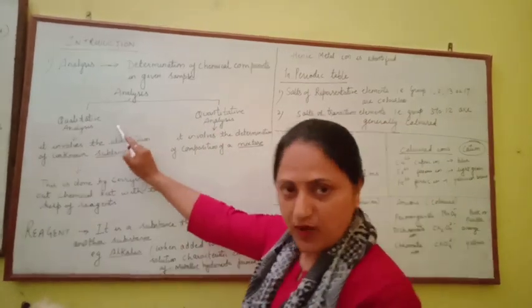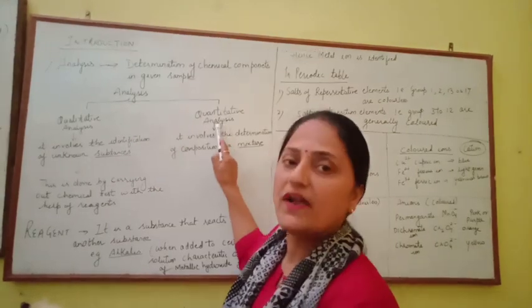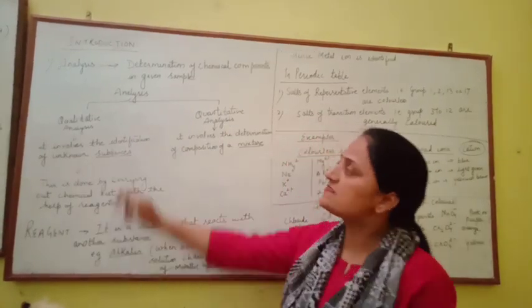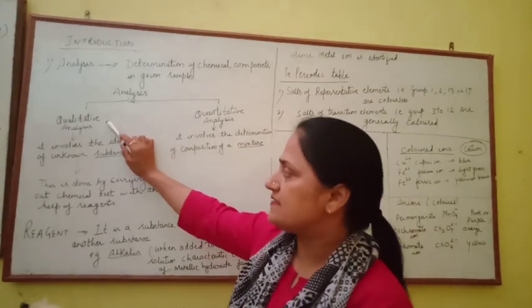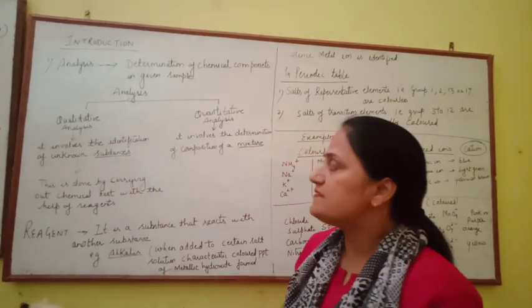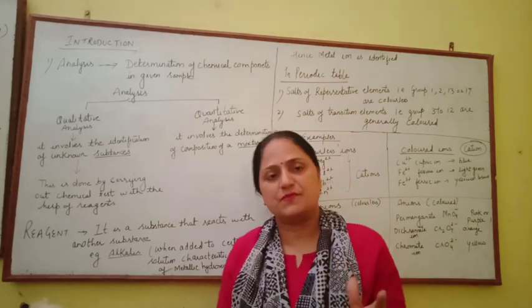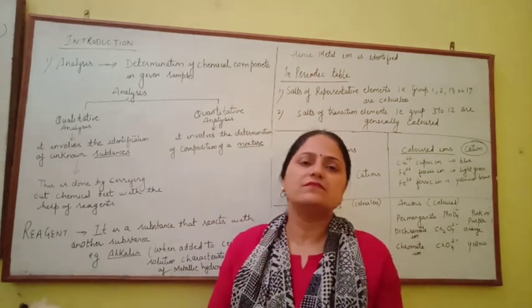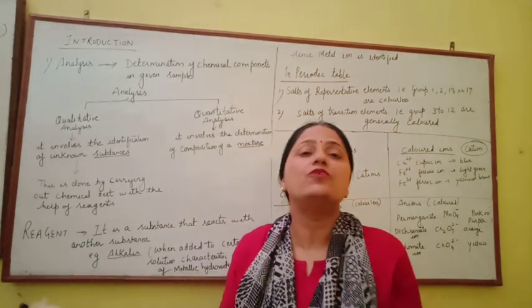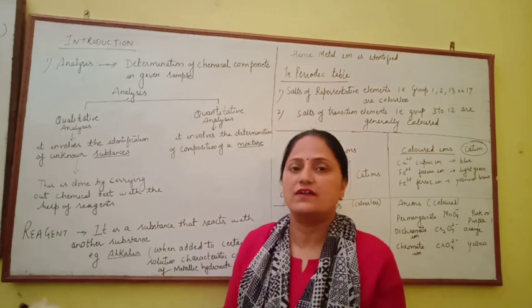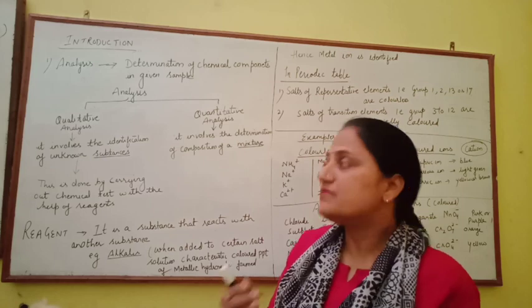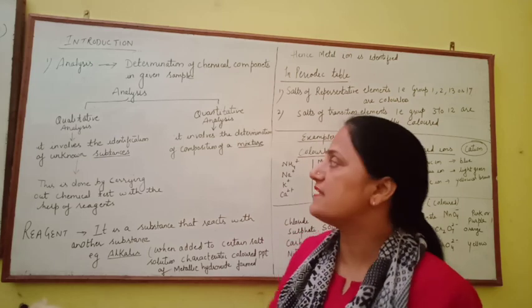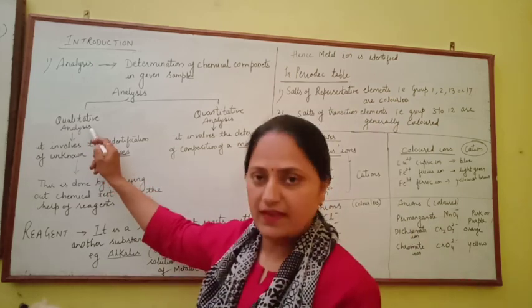In qualitative analysis, we involve the identification of unknown substances. Like when you are given some unknown substance, you have to identify that given salt. The steps we follow in that analysis are known as qualitative analysis.